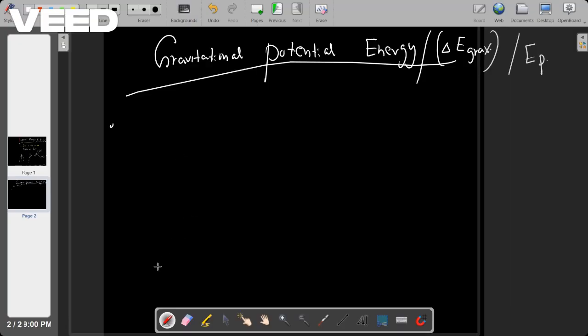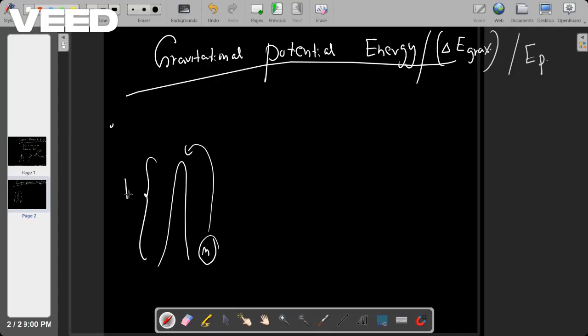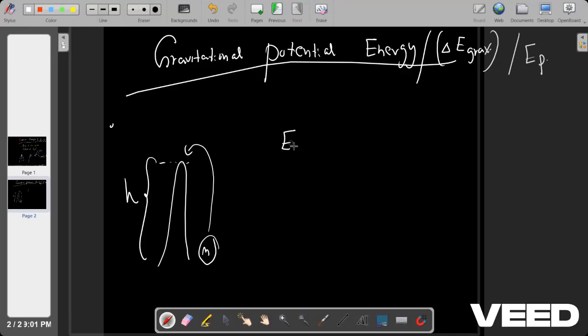Now, for example, if you have an object with mass that is lifted onto a hilltop, and the hill is, let's say, h in height, the amount of potential energy stored in this object is EP equals mgh.